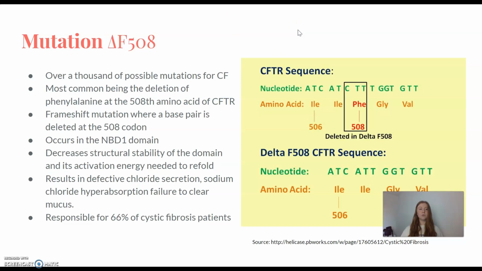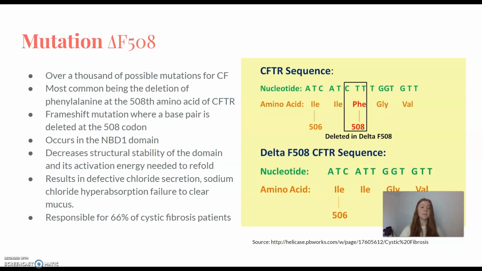And now I'm going to get into one of the most common mutations that cause CF. However, there are over 1,000 possible mutations, but it's the deletion of phenylalanine at the 508th amino acid of the CFTR, and you can see that in the picture. So you can see the 508 location, and then if you have cystic fibrosis, you can see it's missing below.